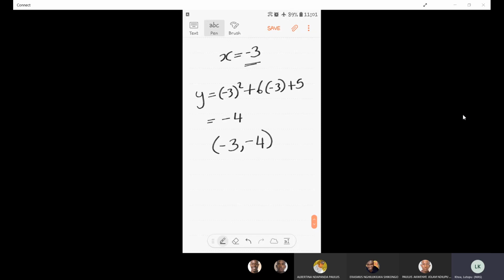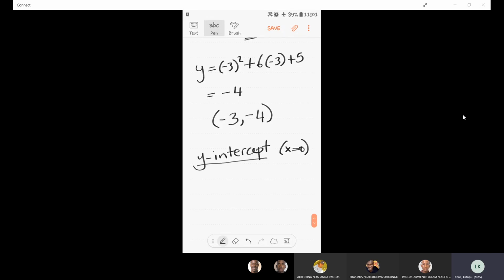Then we need the y-intercept. Just remember at the y-intercept, x is equal to 0. So if x is equal to 0, we will just substitute that into our equation.